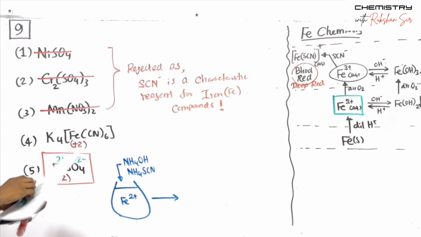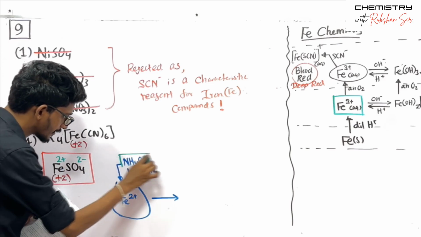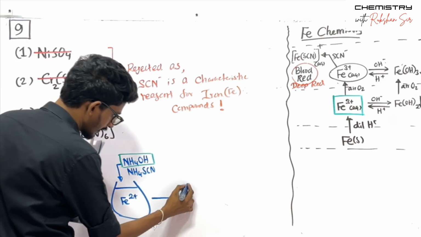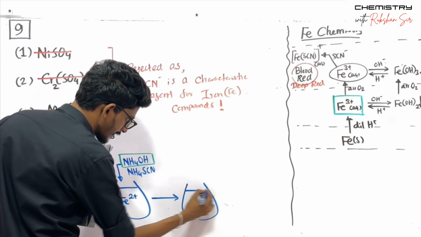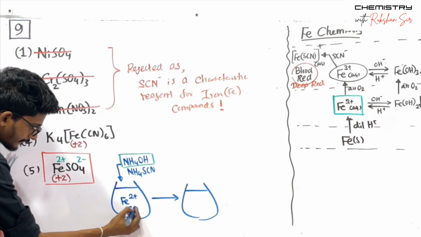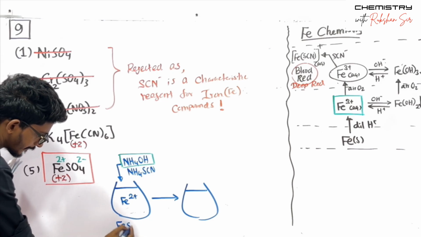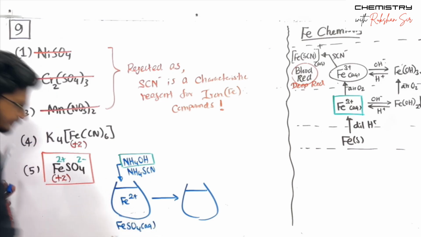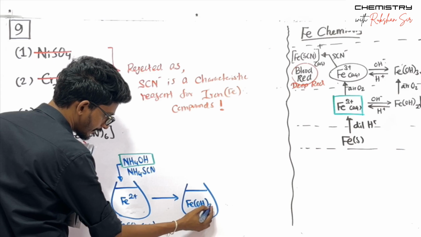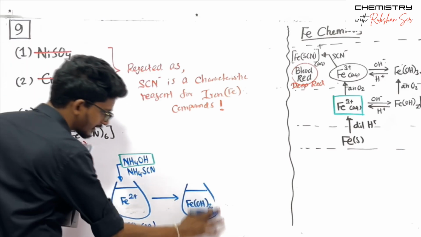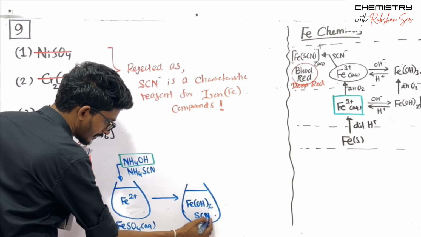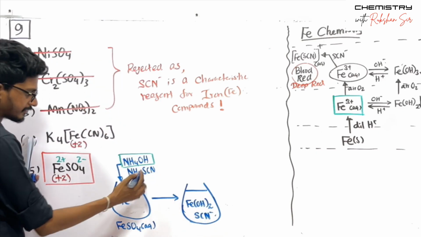With the use of this NH4OH, the Fe2 plus here, FeSO4 means this, right? This is FeSO4 solution. Fe2 plus here converts to FeOH2, and SCN minus ions are still there, as you had added some SCN minus ions as well.